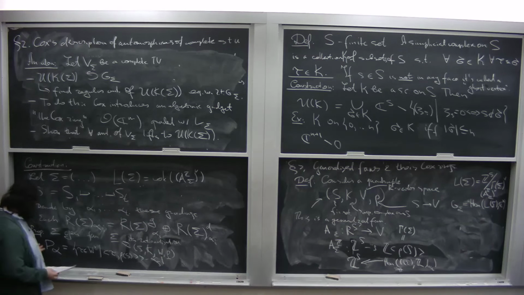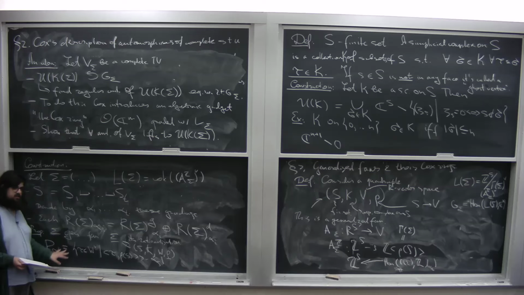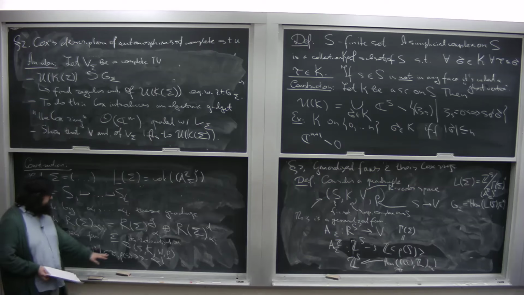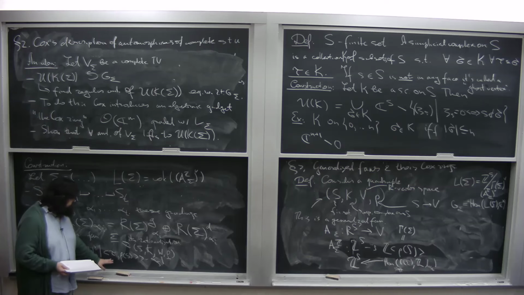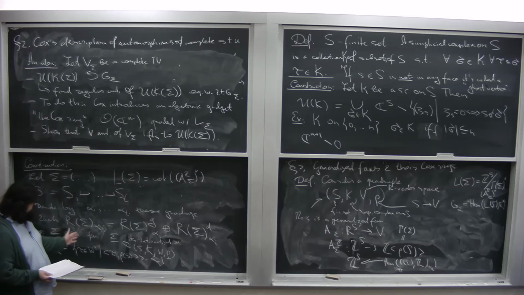Because we're dealing with complete fans, I'm not going to delve into too much detail on this, but the point is that because the fan is complete, this condition ensures that this is a compact region.